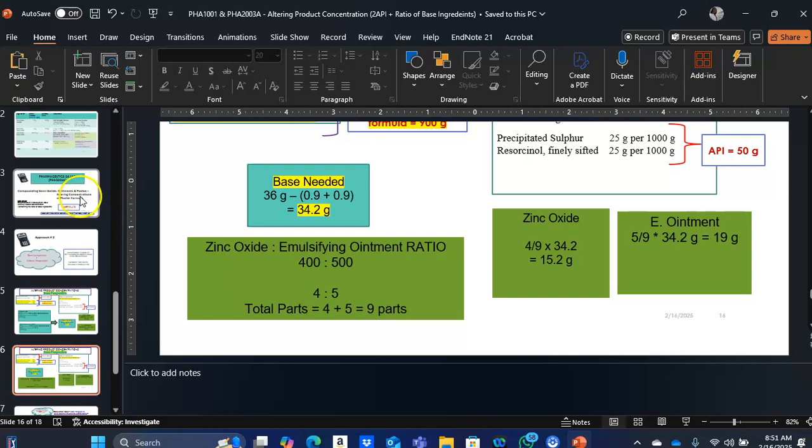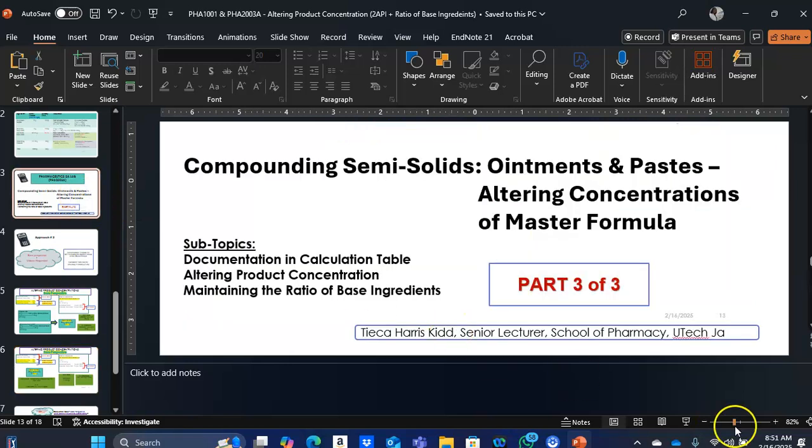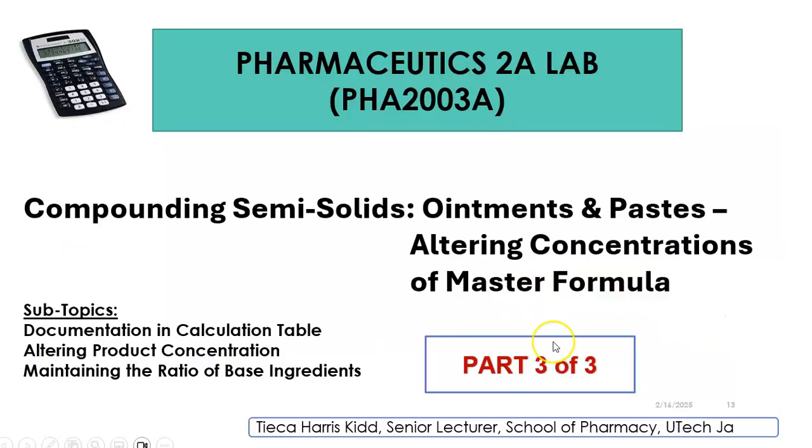So today I have shared 3 approaches in this playlist to altering the concentration for ointment and paste dosage form when the formulation allows you to do so. The important thing to remember is that the altering of concentration only applies to the active ingredients, not the base.